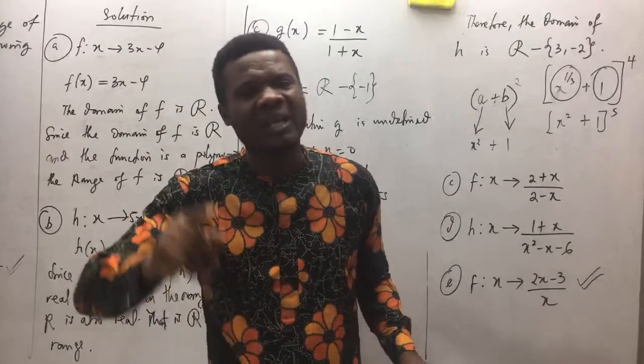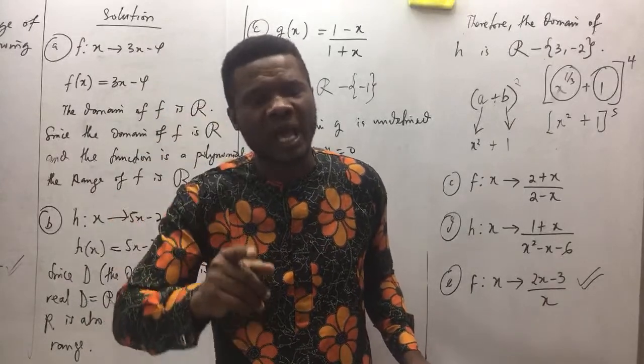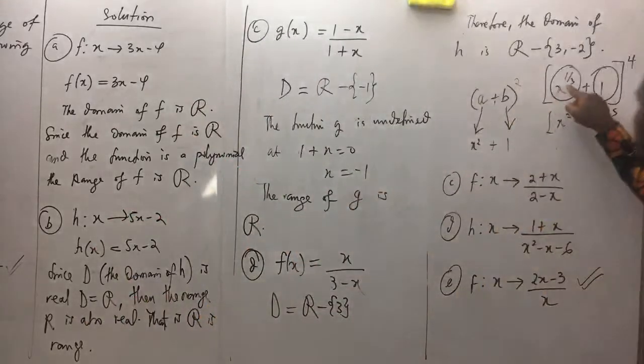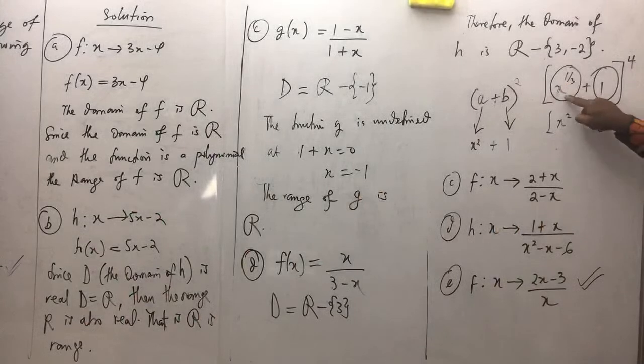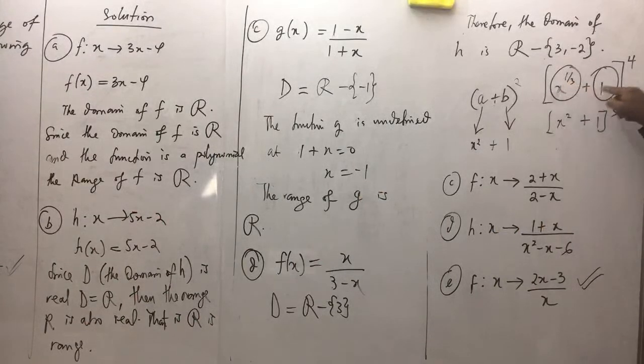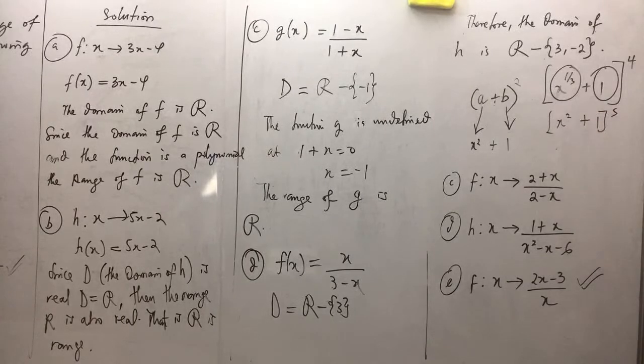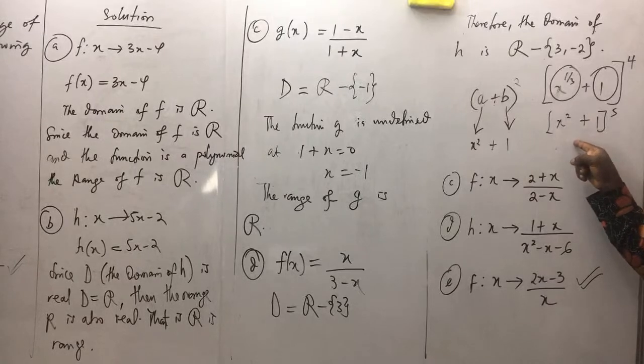It cannot have a variable carrying a fractional or decimal power. That is why this one here, although x raised to the power 1 over 3 plus 1 is a binomial expression, it is not a polynomial expression. You see it? But this one below, x squared plus 1, by the definition I've just given you, is a polynomial expression or a polynomial.